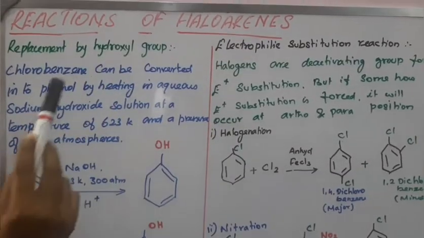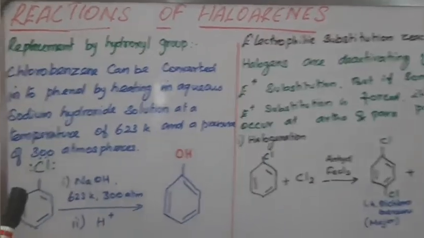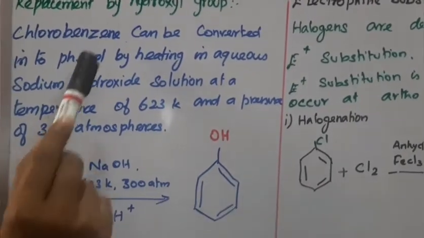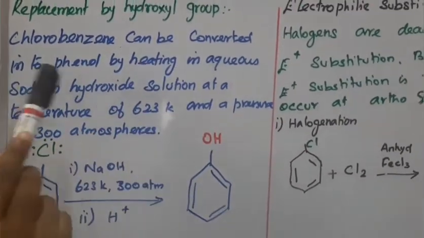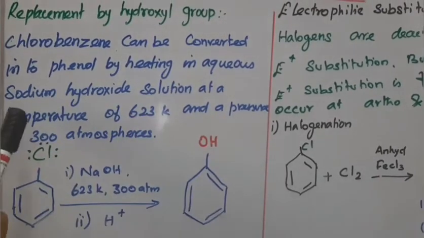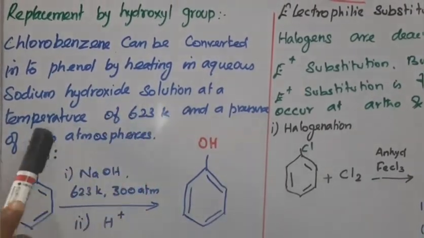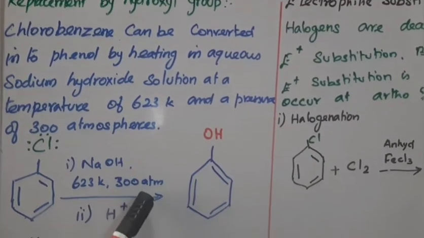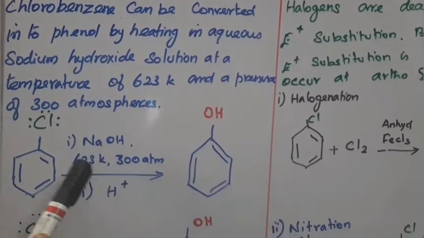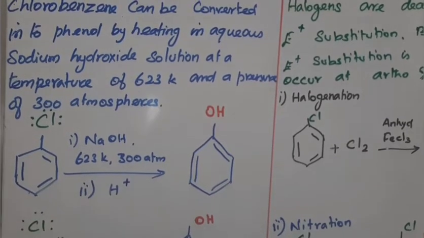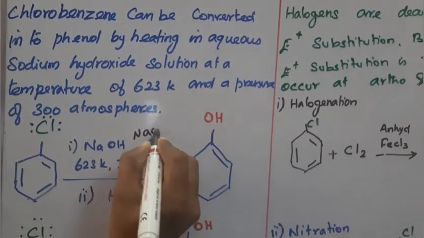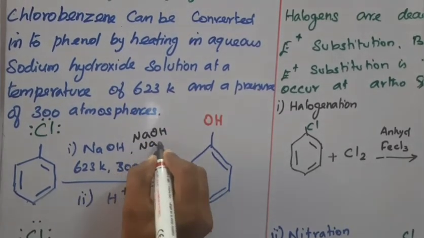Replacement by hydroxyl group. So the question is phenol from chlorobenzene. Chlorobenzene can be converted into phenol by heating in aqueous sodium hydroxide solution at a temperature of 623 Kelvin and pressure of 300 atmospheres. Here the reaction mechanism uses 2 moles of NaOH.